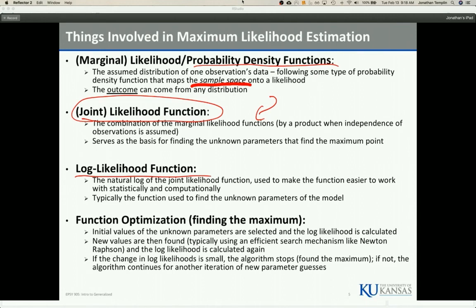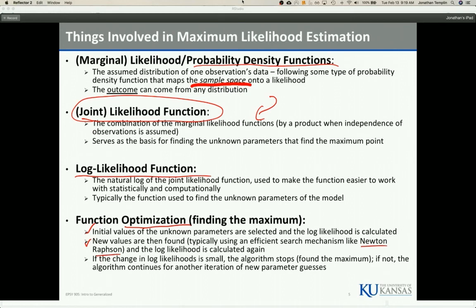And how the maximization process works is a process called optimization, finding the maximum, finding the optimal value. We start by taking an initial guess of our parameters, calculate the log likelihood, and then we go and find new values. Usually it's an efficient guess using some type of calculus-based method, something like Newton-Raphson, where we guess a brand new set of parameters that are supposed to be toward the peak of this function, and then we check again.